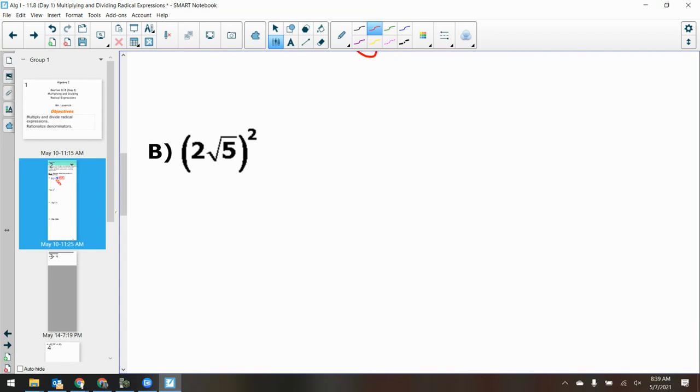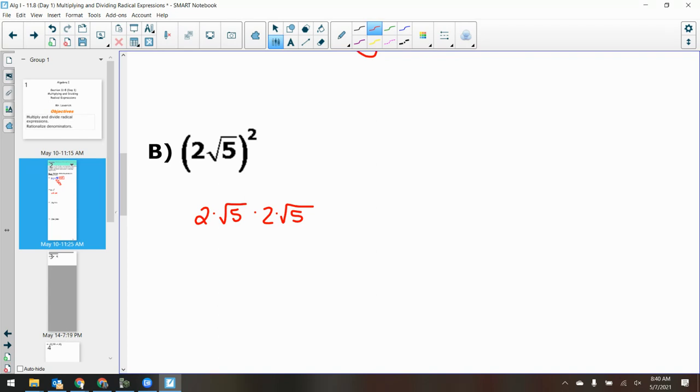What if I have 2 radical 5 squared? Well, remember that something squared is like this. I don't need the parentheses there anymore because it's all just multiplication. We can say 2 times radical 5 times 2 times radical 5, right? Well, what I said is I'm going to multiply things inside with things inside and things outside with things outside.